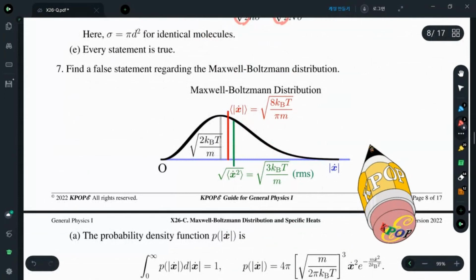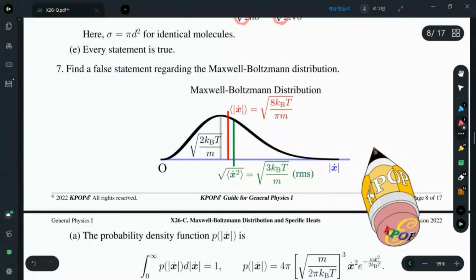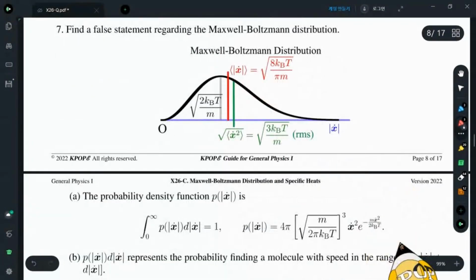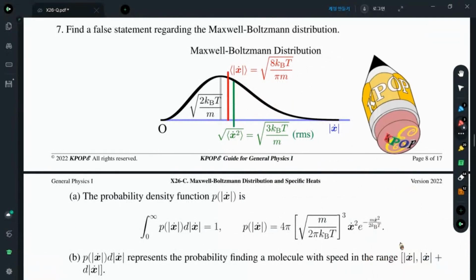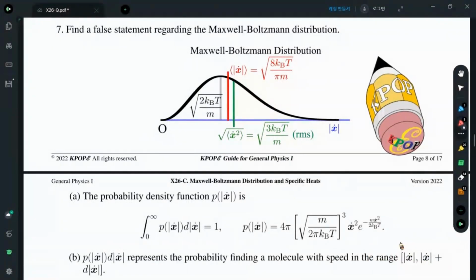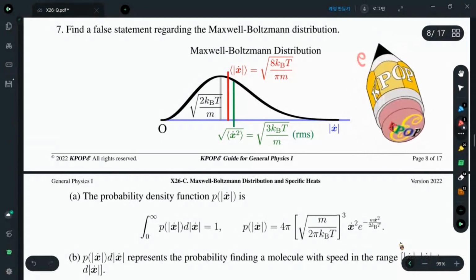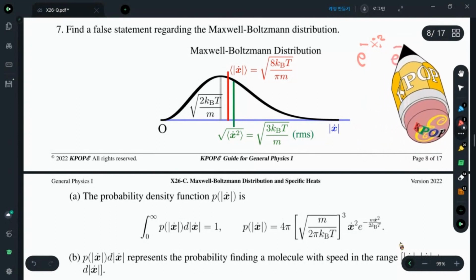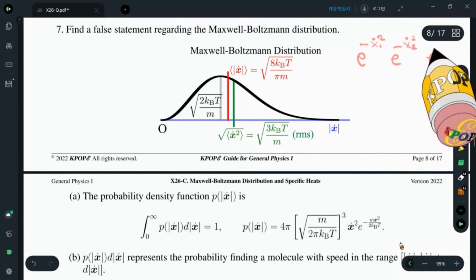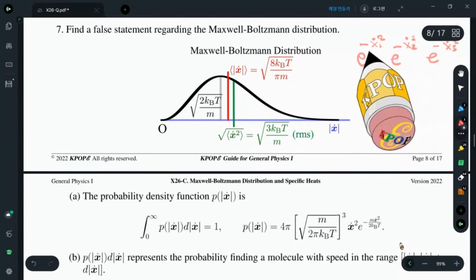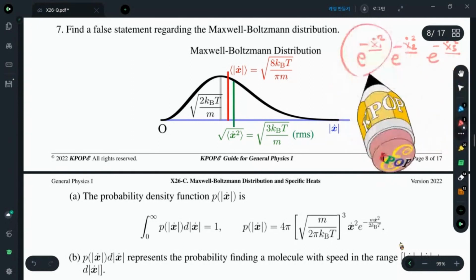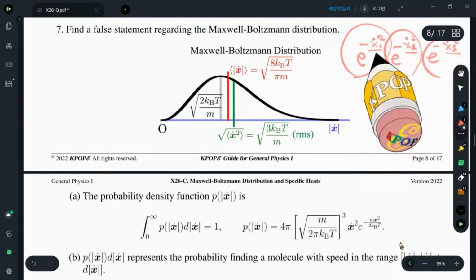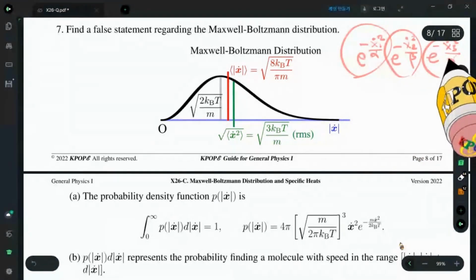Next, we consider the Maxwell-Boltzmann distribution. The Maxwell-Boltzmann distribution is the origin of the equipartition theorem. It assumes that the velocity dependences, x1 dot squared, x2 dot squared, x3 dot squared, are just Gaussian form, up to scale factors alpha, beta, and gamma.